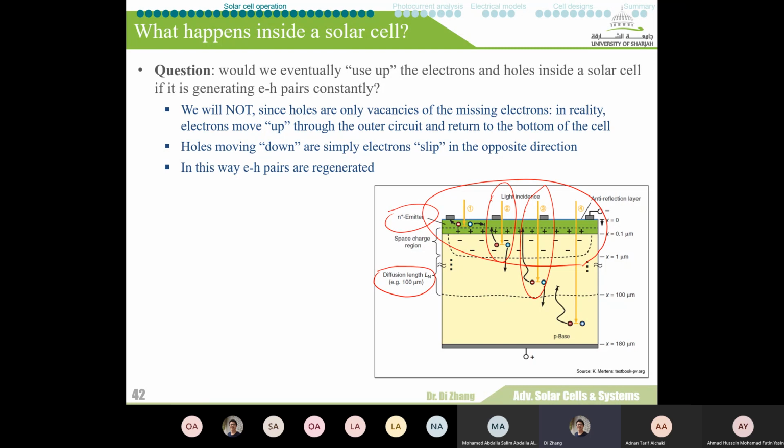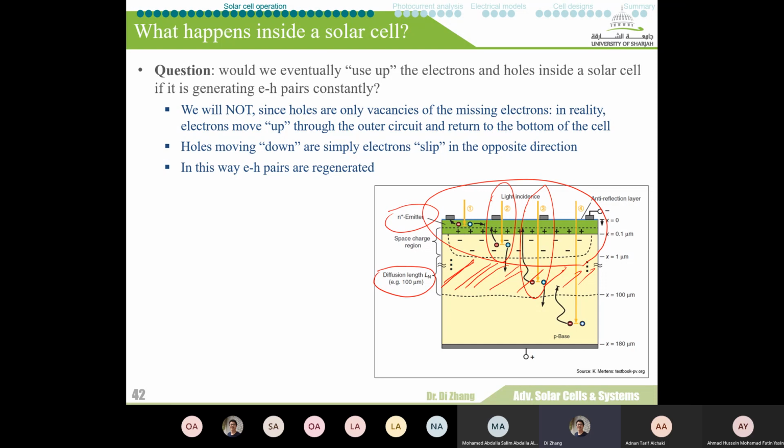But this requires that the distance from their absorption is within the diffusion length of the material that we are talking about here. So the conclusion is that if they are generated, roughly speaking, in the region here, then they still can be harvested. They still can be transformed into electricity.